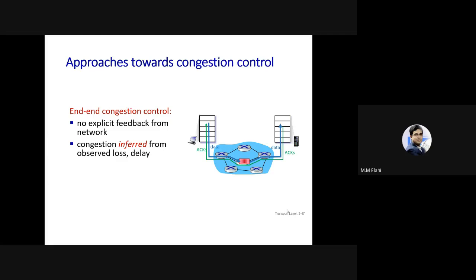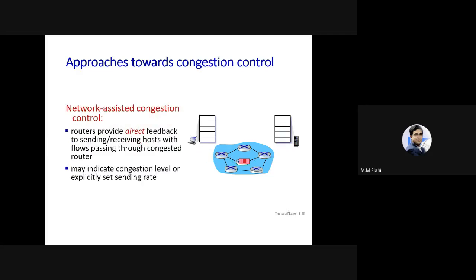But the receiver will inform the sender that it did not receive that packet, so the sender will know its packet is lost. It doesn't matter in which router or which part of the path the packet is lost, but it knows the packet is lost. When it knows a packet is lost, it will just decrease its own transmission rate. That's it. That is end-to-end congestion control. It only works on observed loss or delay. If delay is much more, then lower the rate. If packets are lost, then lower the rate. That is the idea.